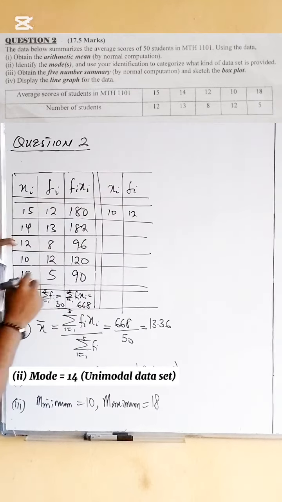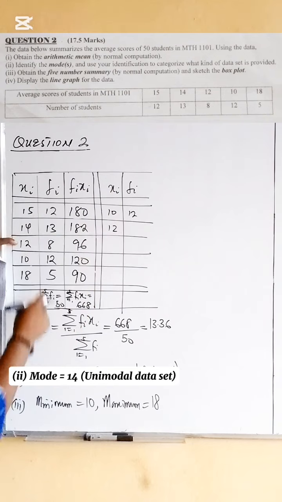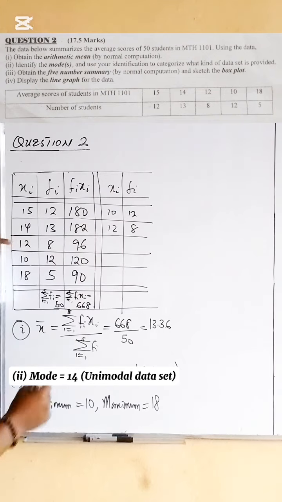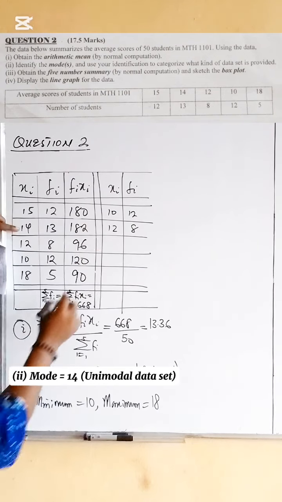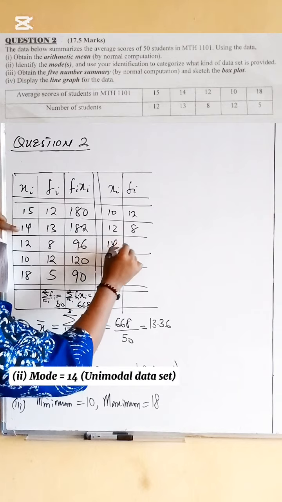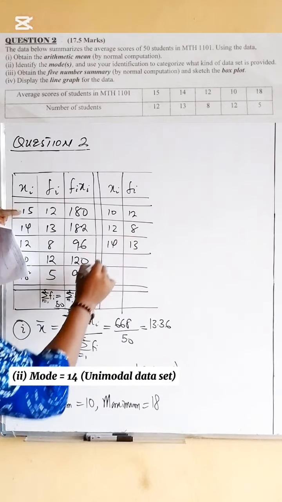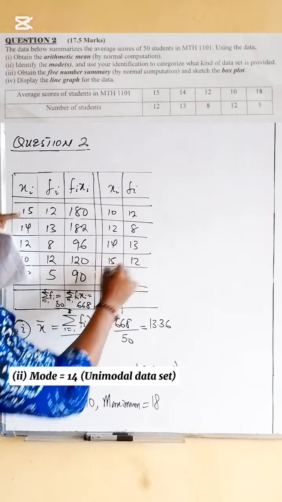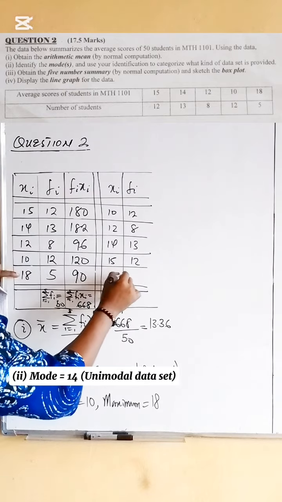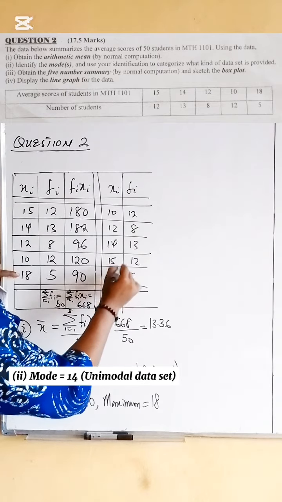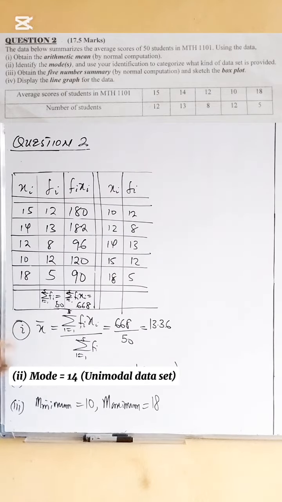The next, 12, having a frequency of 8. Then the next one is 14 having a frequency of 13. Then the next is 15 having a frequency of 12. And the last is 18 having a frequency of 5.